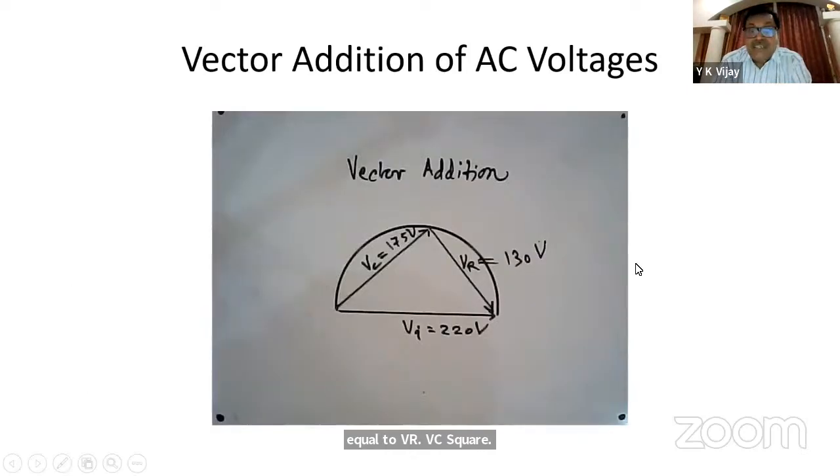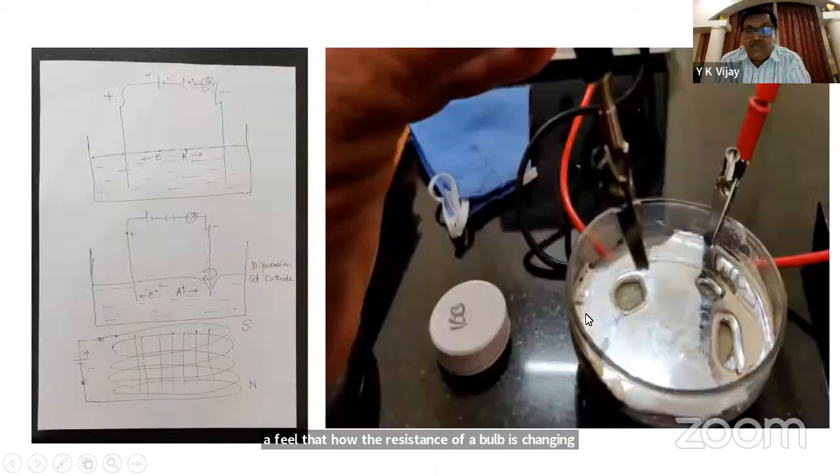We can play with different bulbs and get a feel of how the resistance of a bulb is changing, because these voltages we can measure with the help of a multimeter.